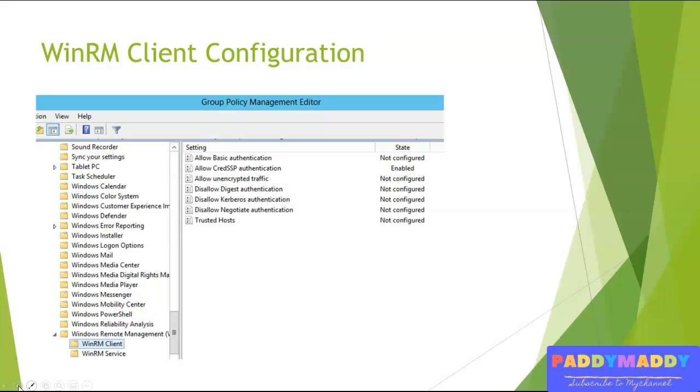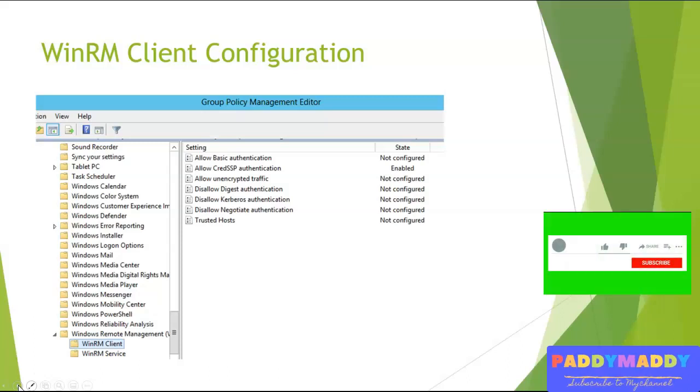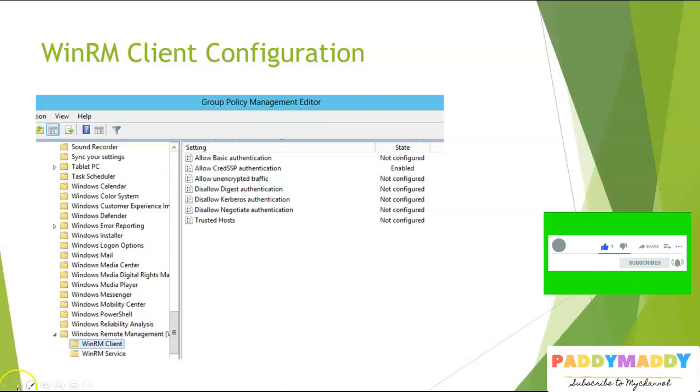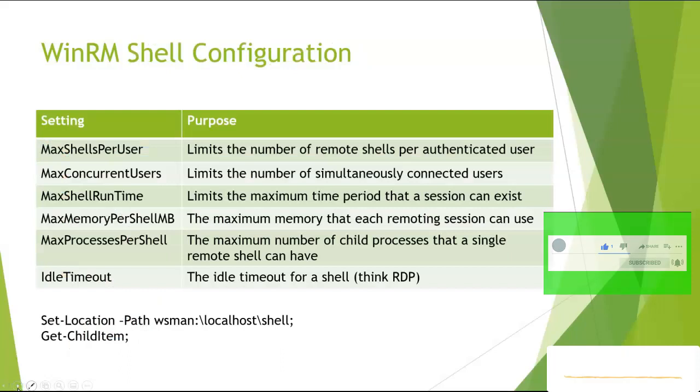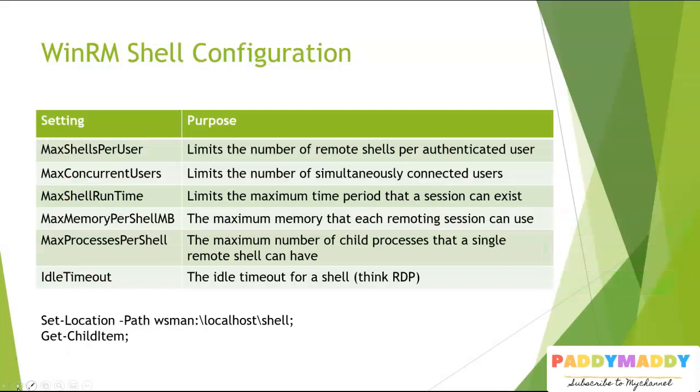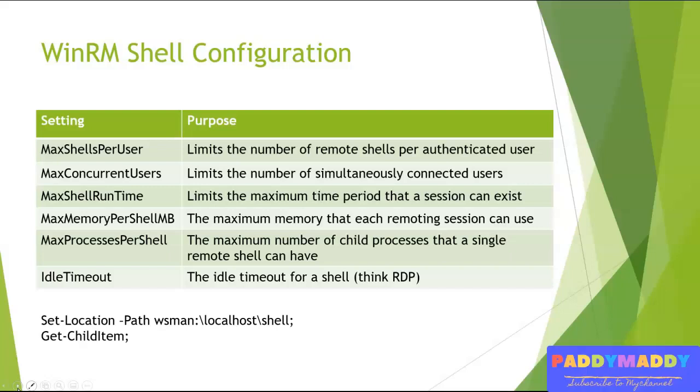So the WinRM client also needs to be configured if you're trying to use multi-connectivity from one session to another session, like a credential SSP, and that specific configuration can be done even from group policy. So whatever we need for the remote shell can be configured from group policy.